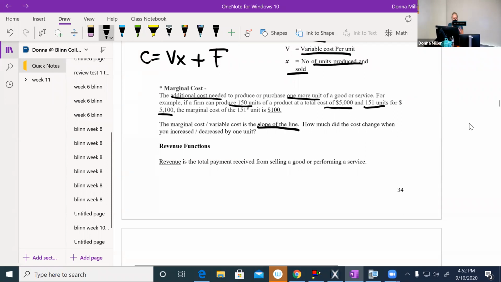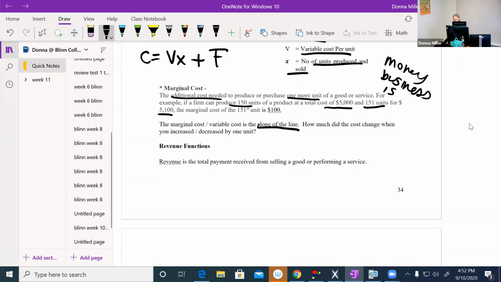Revenue. So we've got cost, which is the money the business is spending. Revenue is a simple thing. Revenue is the money I take in from my sales. So if I sell the basketballs for $5 each, the revenue is $5 times the number I sell.